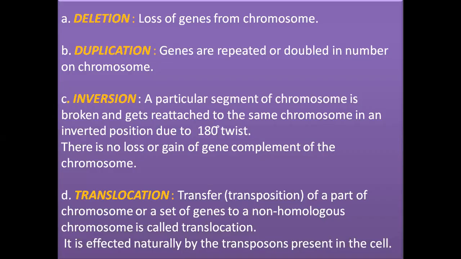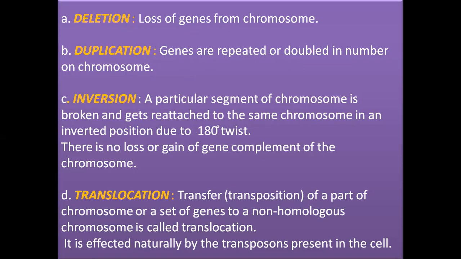Which are these chromosomal aberrations? It is very easy. See here, deletion means loss of genes from chromosome. Duplication, genes are repeated or doubled in number. Inversion, a particular segment of chromosome is broken and gets reattached to the same chromosome in an inverted position. So in inversion, what happens?